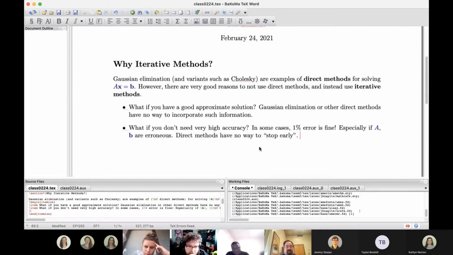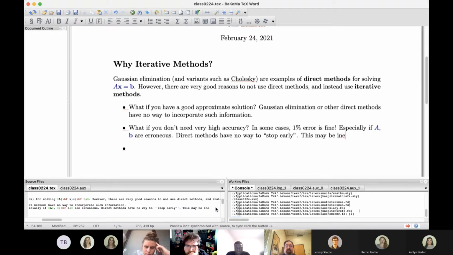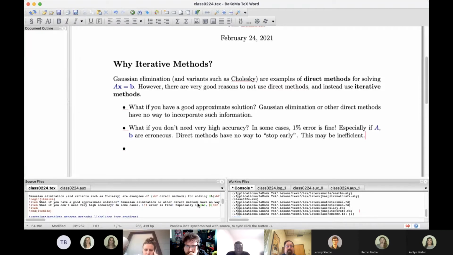So this could be inefficient. What if you don't want to spend a whole lot of time solving a system when you don't want that much accuracy? You're forced to spend time you maybe don't want to spend.